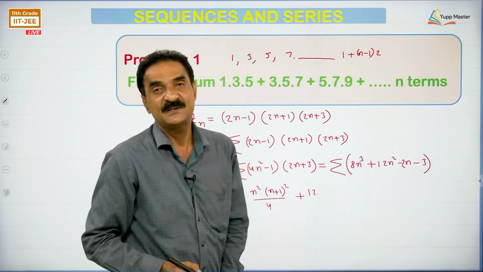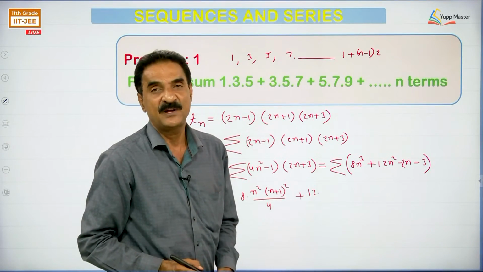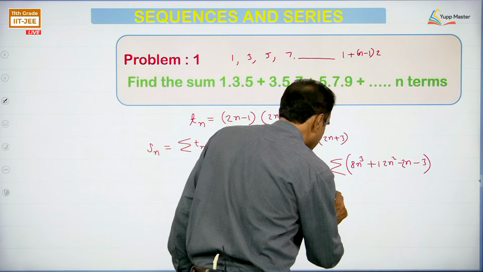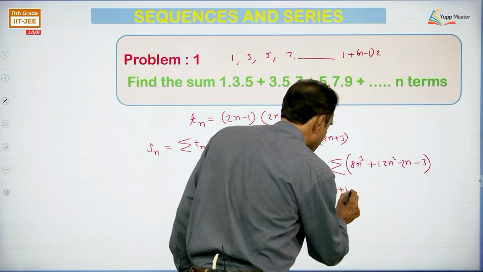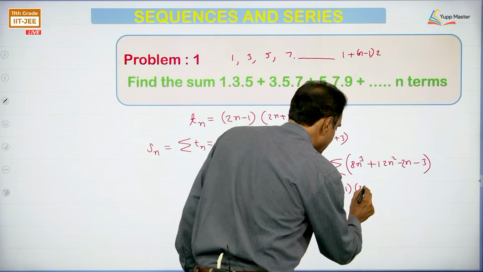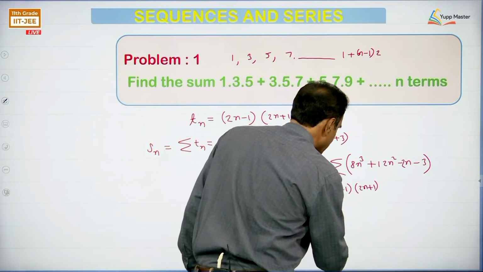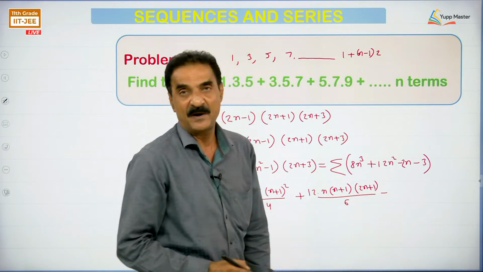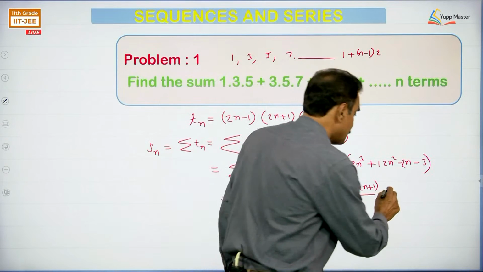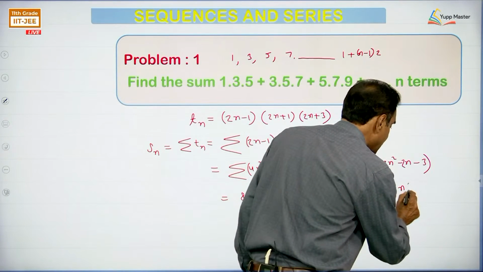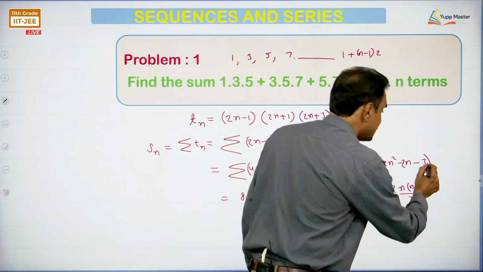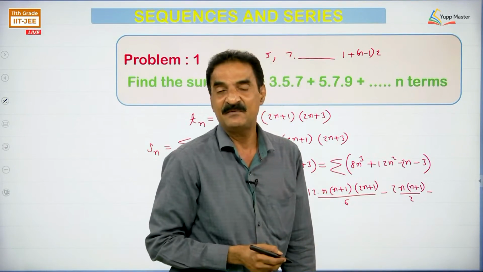Sigma of n square is n into n plus 1 into 2n plus 1 by 6. Alright. Minus 2 into sigma n, that is 2 into n into n plus 1 by 2. Minus sigma 3. Sigma 3 will be 3n.